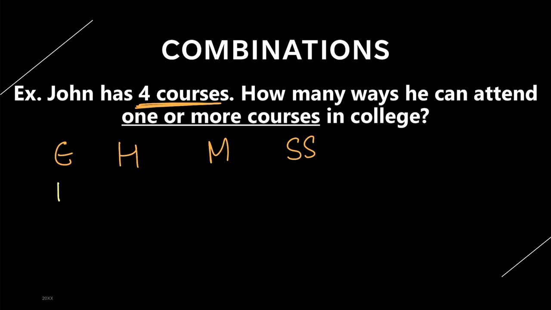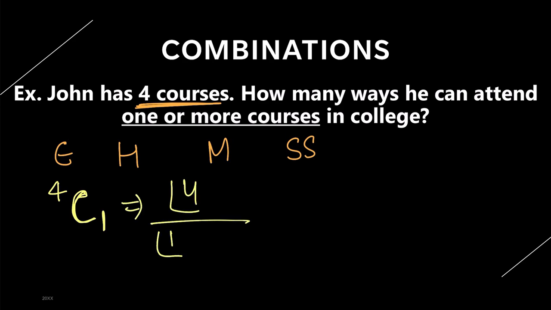So, one thing is very important. He has to pick one course out of four, so 4C1, which gives 4 cases. That is important. He can do two courses as well, means 4C2 is also allowed to him.